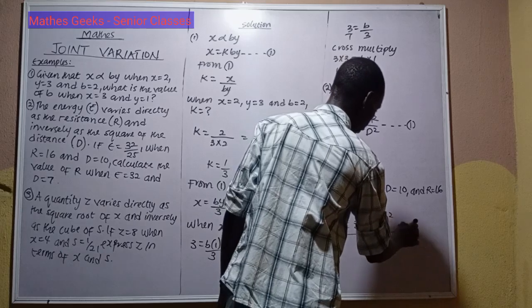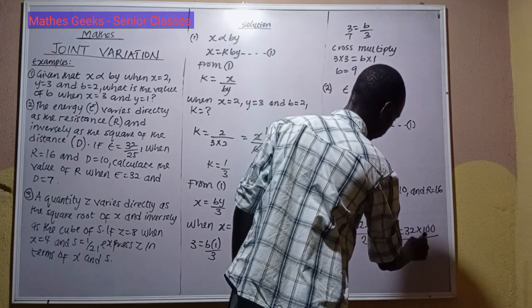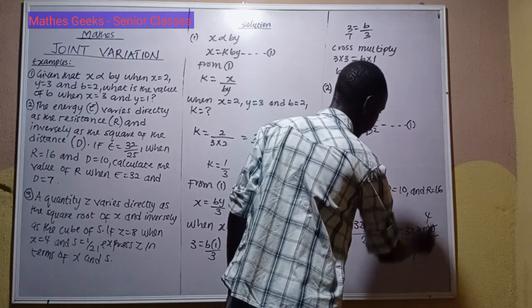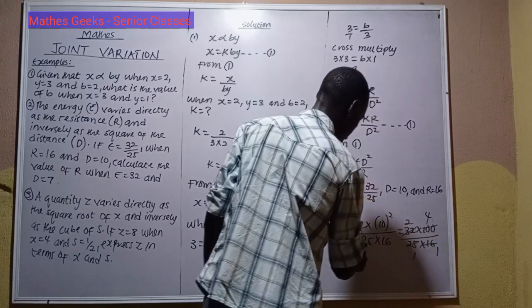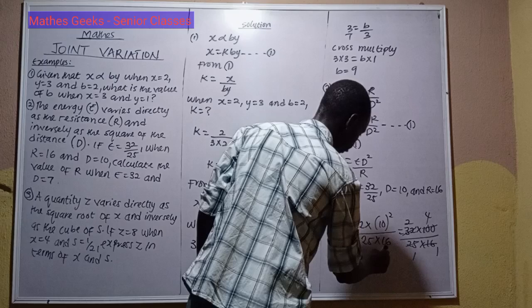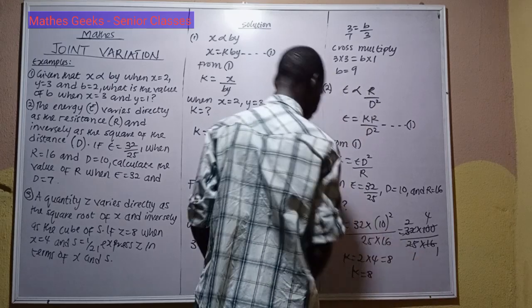And this will give us 32 times 100 over 25 times 16. Here 25 goes into 100 four times, 16 goes into 32 twice. So Q is equal to 2 times 4, which is 8. So Q is equal to 8.